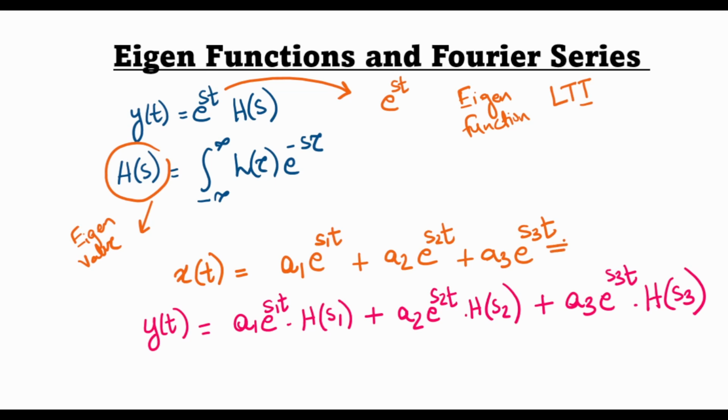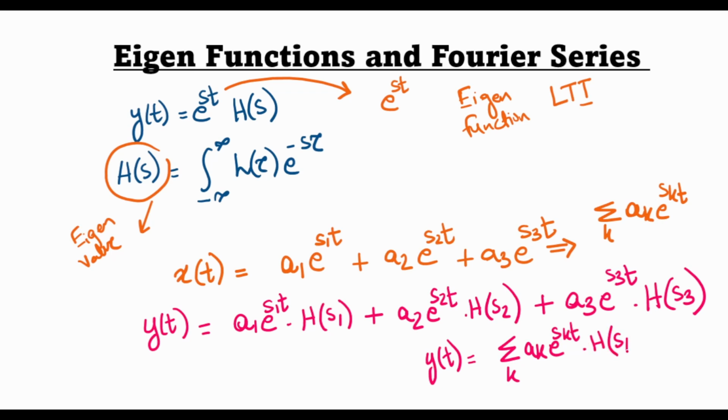Thus, if I can write my input x of t as a summation of complex exponentials, summation of ak e to the power sk t, then the output y of t is a summation over k of the same complex exponentials times their corresponding eigenvalues.